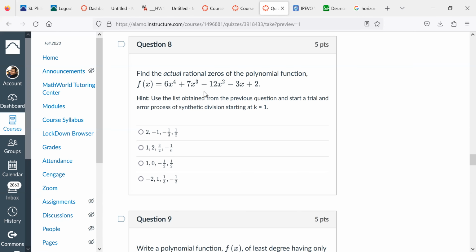6, 7, negative 12, negative 3, 2, instead of negative 3. Ah, here it is. Yeah, something was off. Okay. It was me the whole time. So there it is.